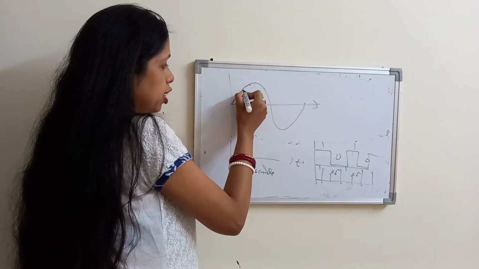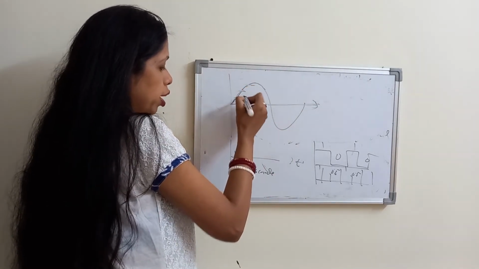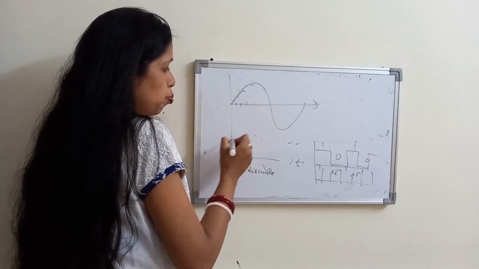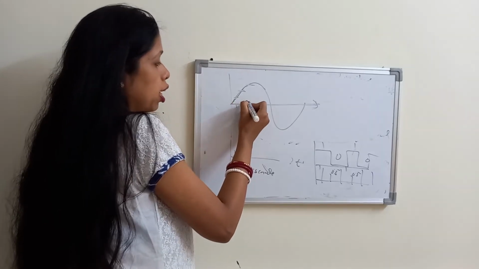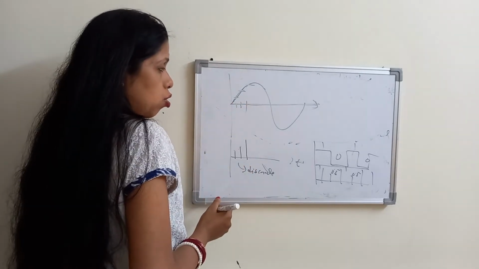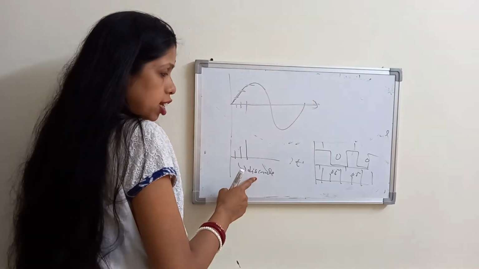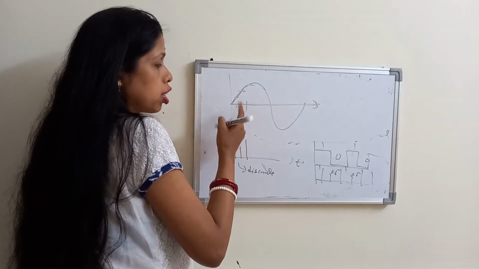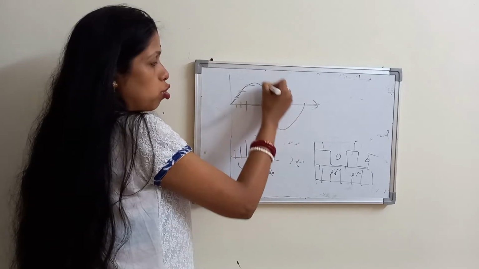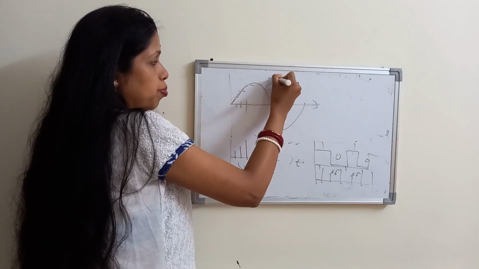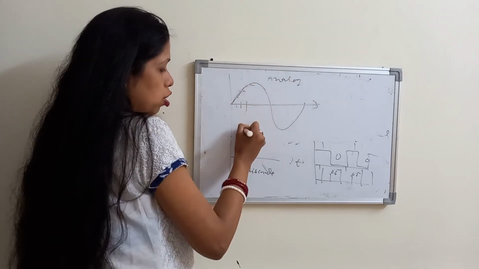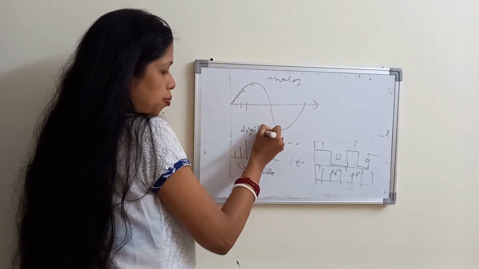You are discretizing the amplitude value, and you are also discretizing the time scale. Discrete in time and discrete in amplitude in case of the digital signal. In the analog signal, continuous time and continuous amplitude. This is analog, this is digital.